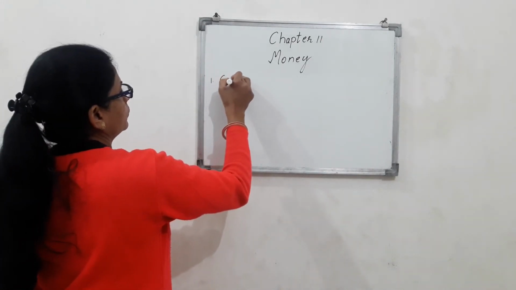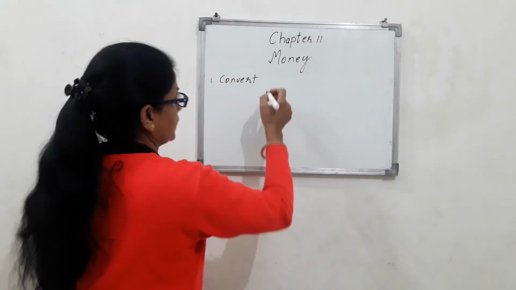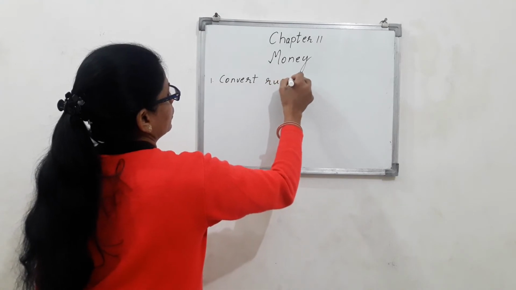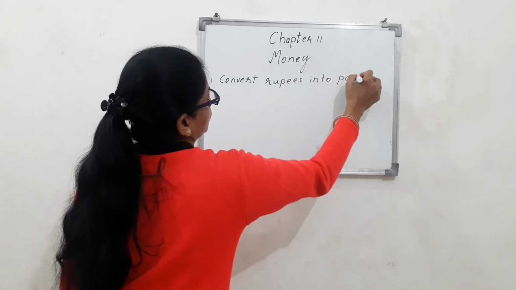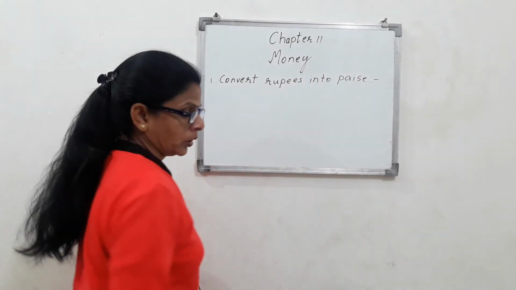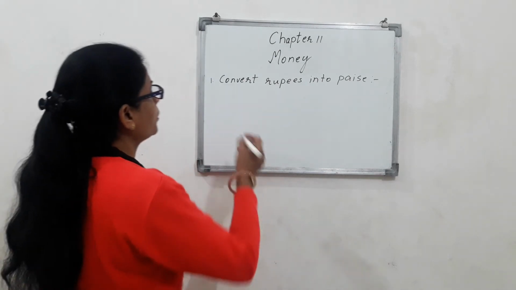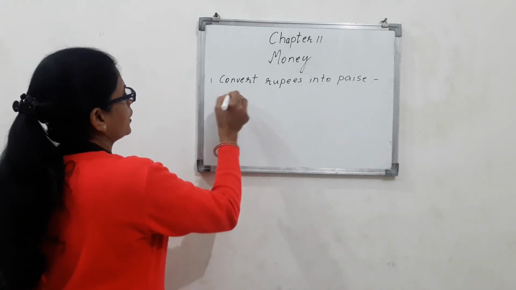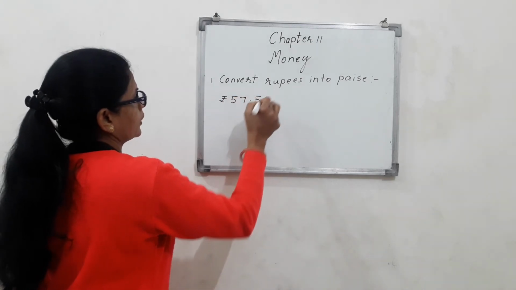Convert rupees into paisa. Suppose the rupees are given 57 and 50 paisa.